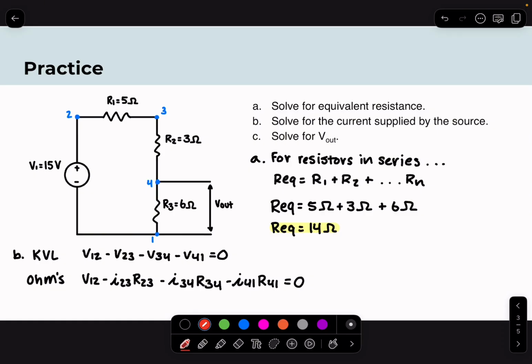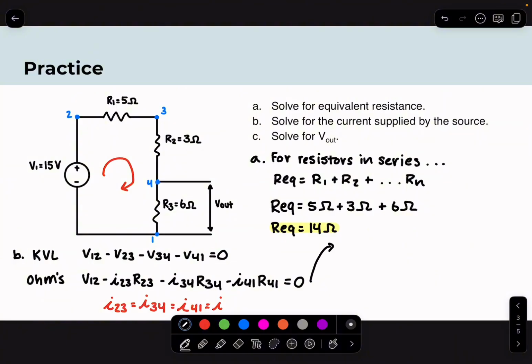Now, a resistor does not change the current throughout this circuit. So therefore we can simplify this equation, say that the current from 2, 3 is equal to the same current going through resistor 2 and equal to the same current that's going through resistor 4. We can use that to be I.